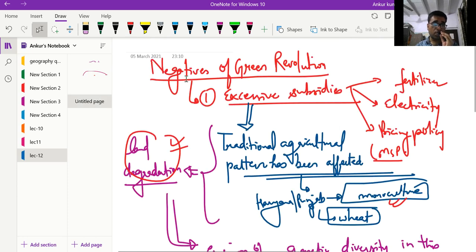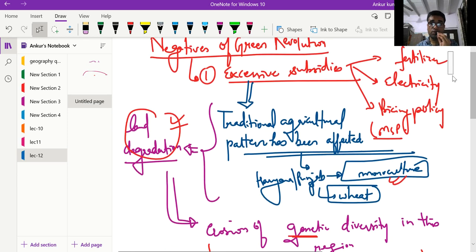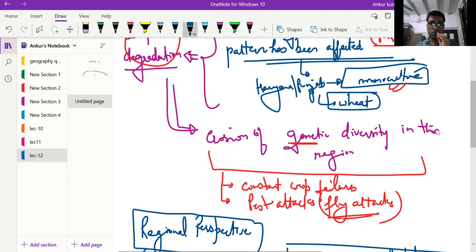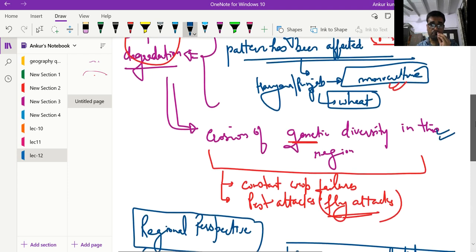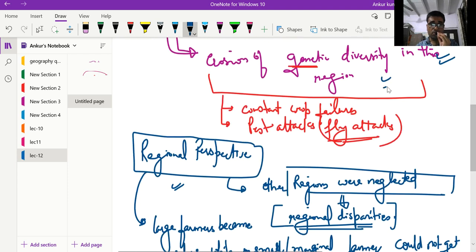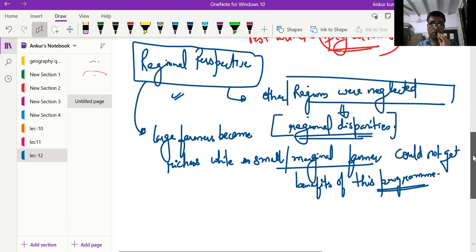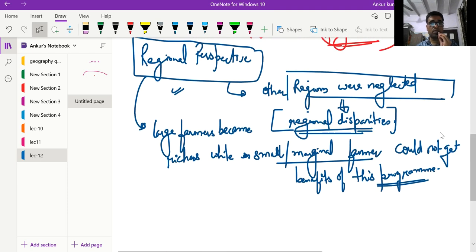After that, there were some negative effects of the green revolution. First we saw the ecological effects, that is, what were the negative effects of the subsidies that we started giving. After that, we saw how genetic diversity got eroded. Then the effect of the green revolution on the regional perspective, how some regions were neglected and some regions were overemphasized.